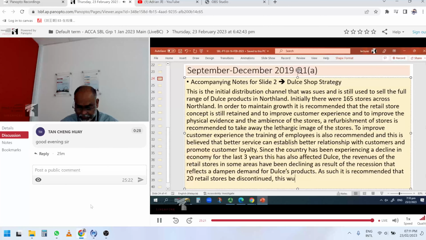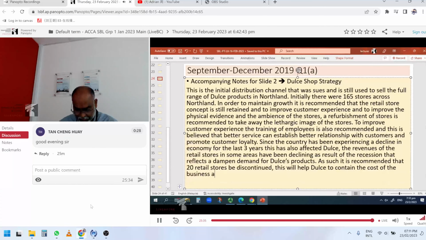This will help Dulce to contain the cost of the business and focus its attention in areas where there is growth.